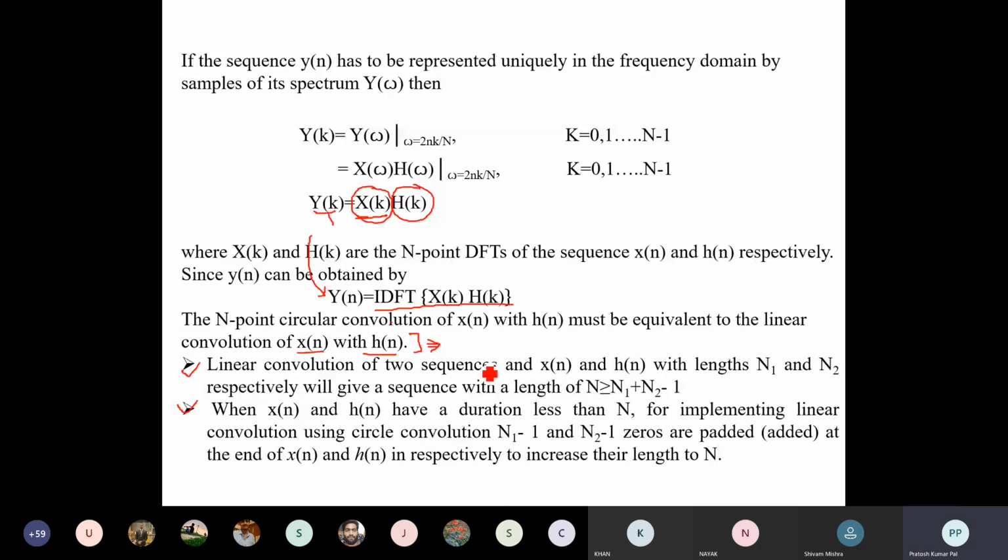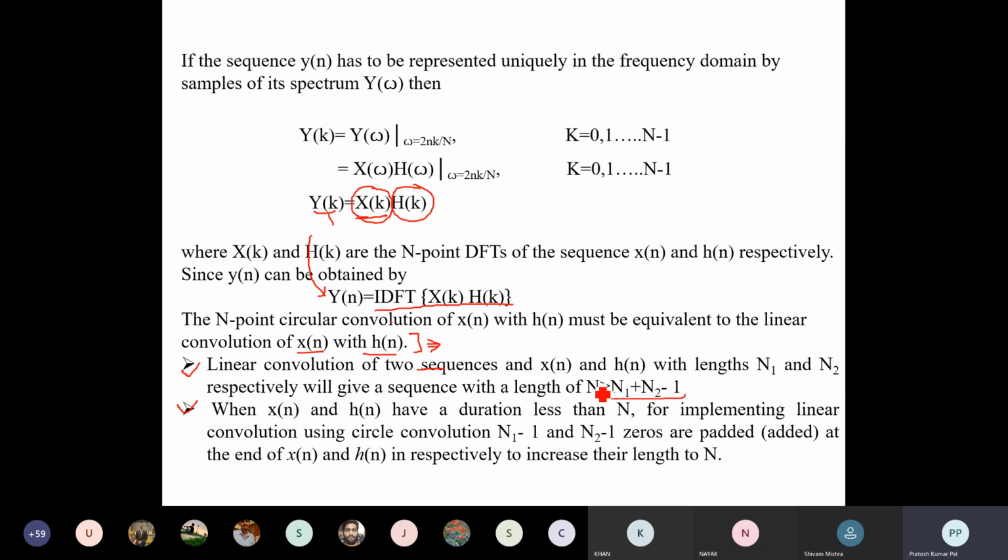The linear convolution of two sequences x of n and h of n of lengths n1 and n2 will give a sequence with length n1 plus n2 minus 1. This will be the length of the sequence obtained by using linear convolution.